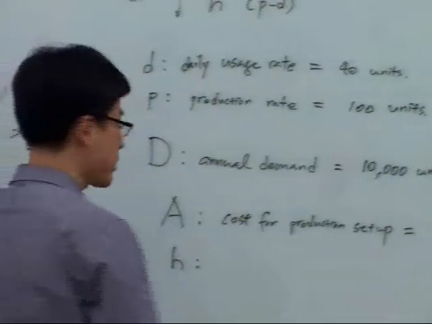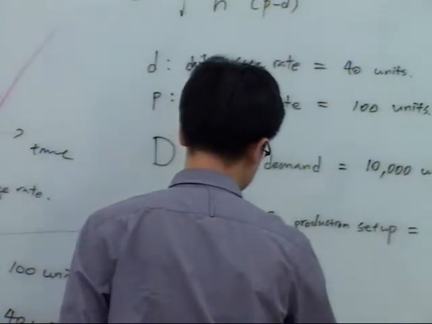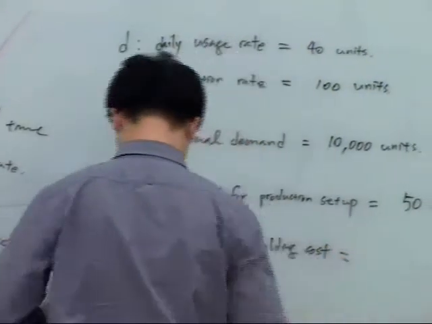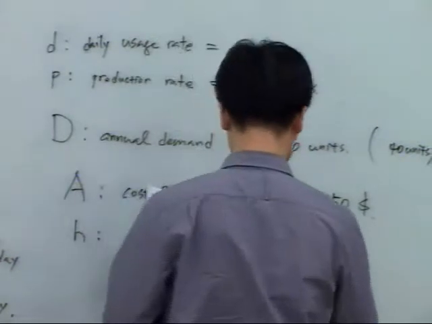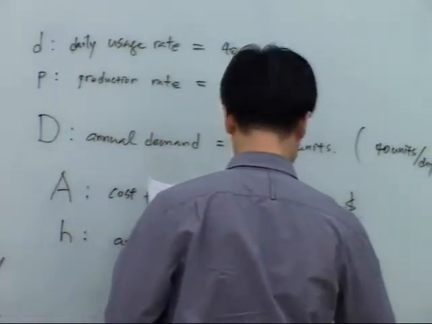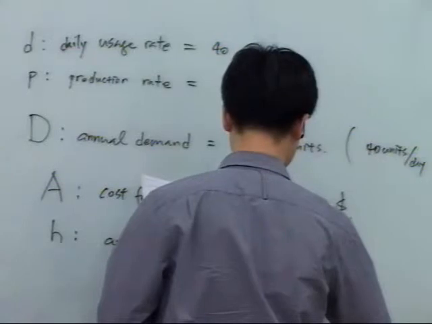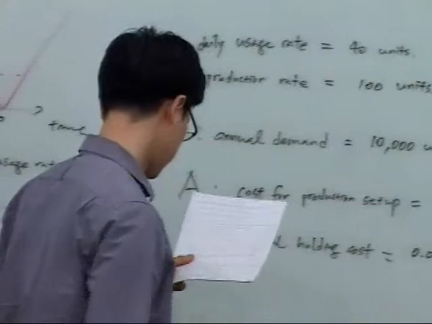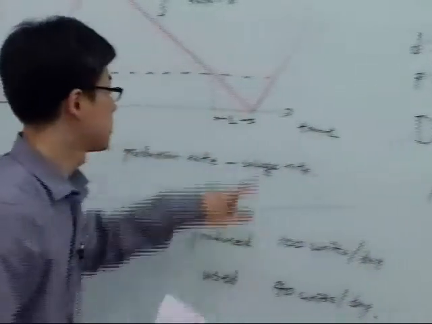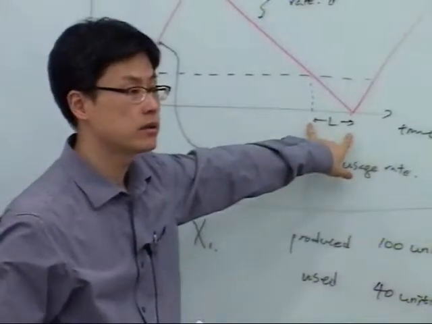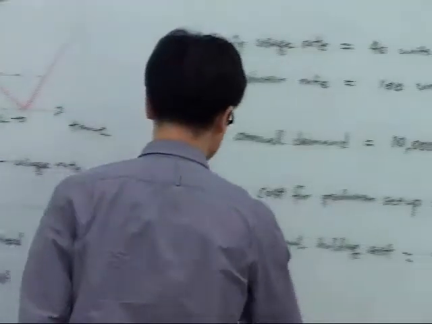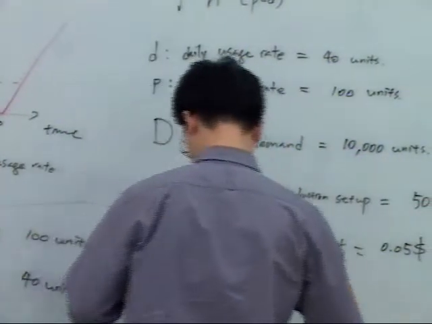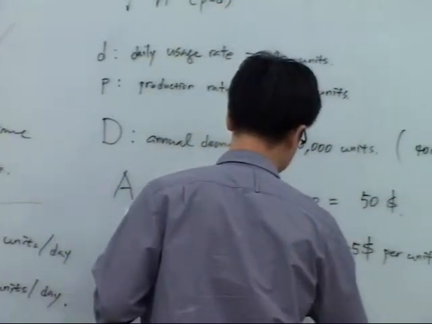H is also the same, the annual holding cost, 5 cents per unit. And let's say this non-instantaneous delivery lead time is 1 week.